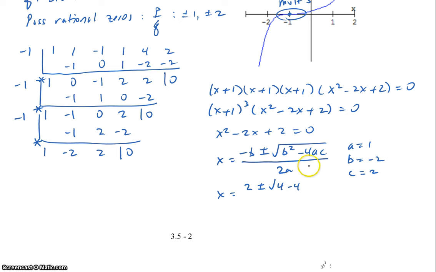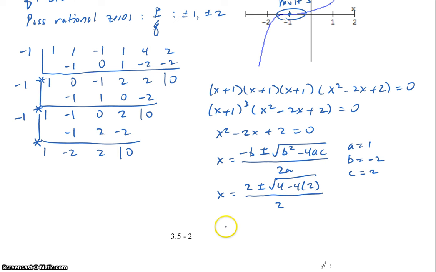A times c is, I'm having a little trouble with my computer, which I always seem to have at the end of the notes that I'm doing. All right. Divided by 2 times a, which is 2 times 1, which is 2.